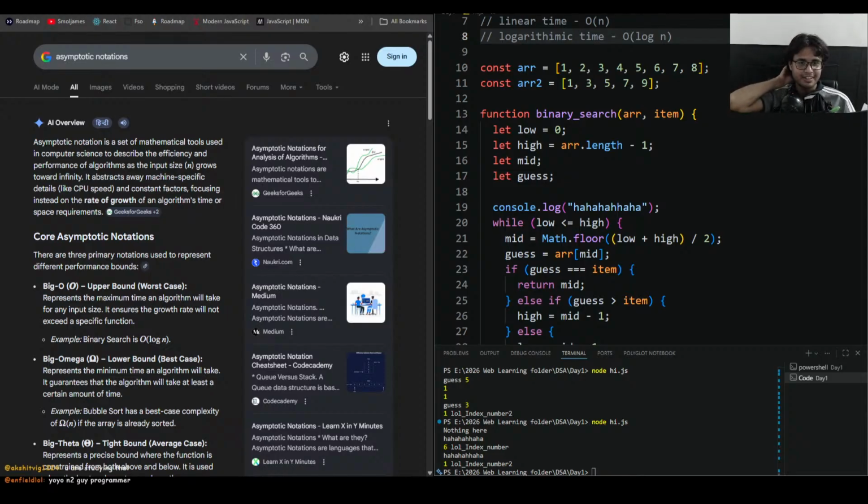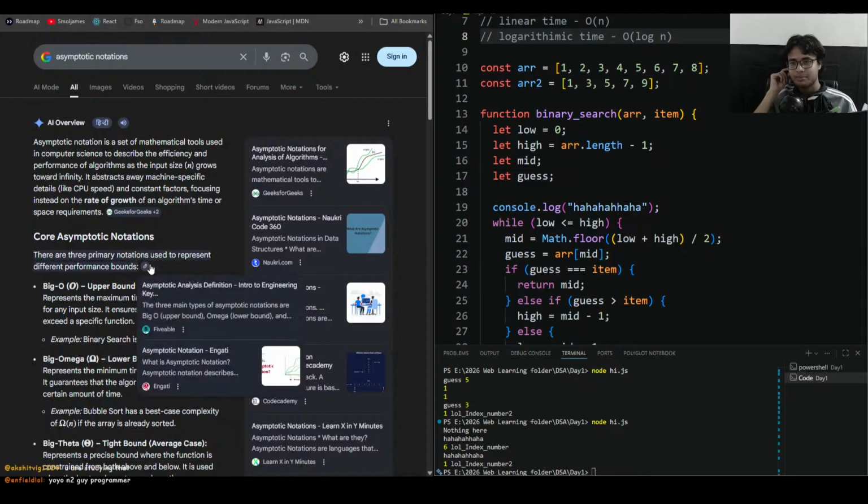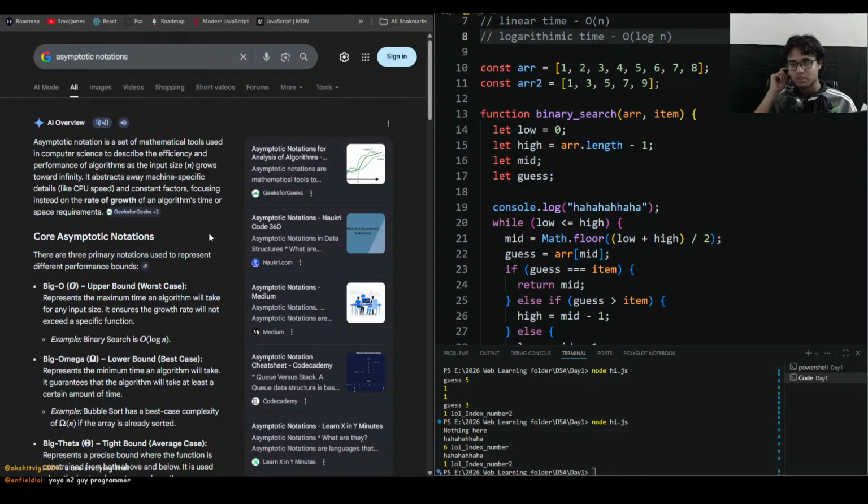Okay, there are three primary notations used to represent different performance bounds.